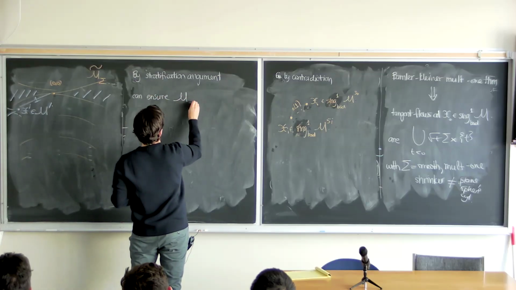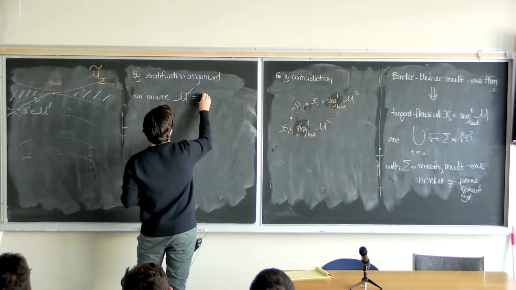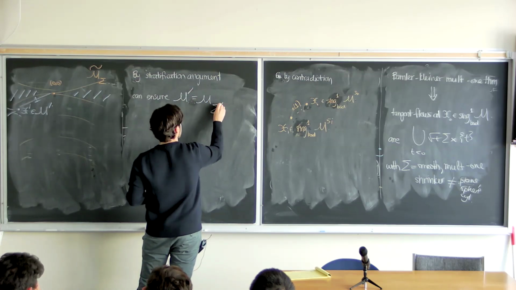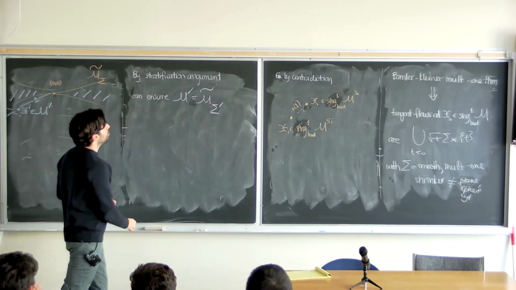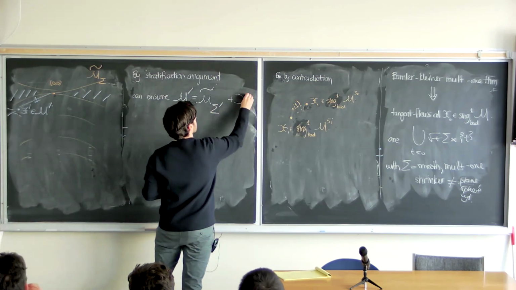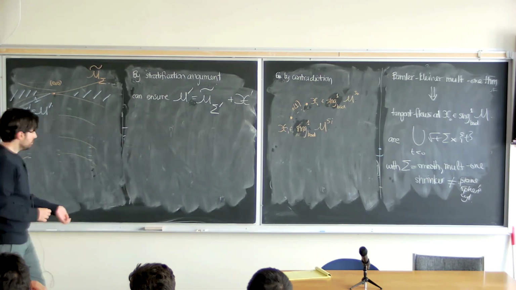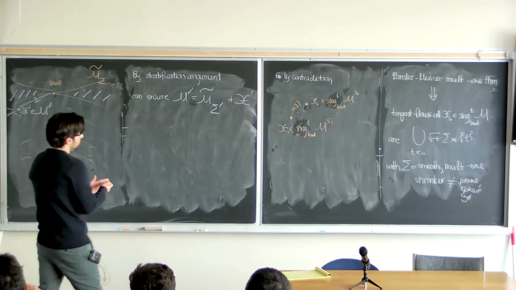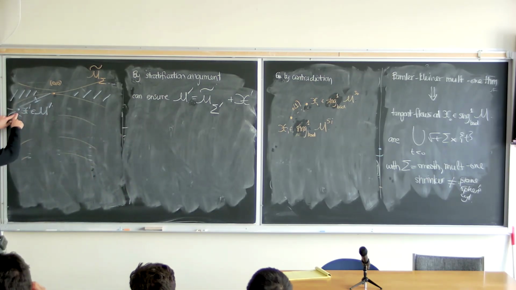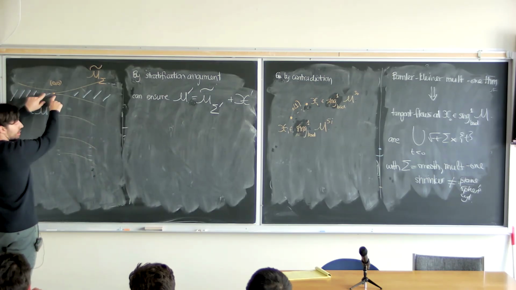I can ensure that M prime is also M of some sigma prime blown up, plus some translation. So you have one self-shrinker whose track is contained in the track of another self-shrinker.